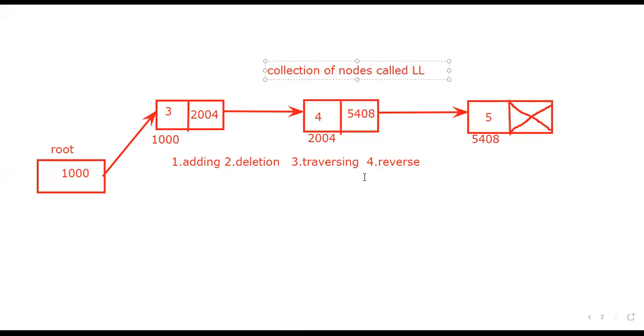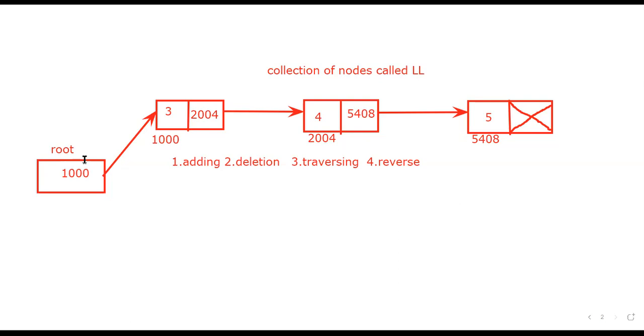Here we have 3 nodes. The root node is always pointing to the first node. So this is the root node. We will not count it because it's already there. Just like the train engine, for every linked list there is a root node.